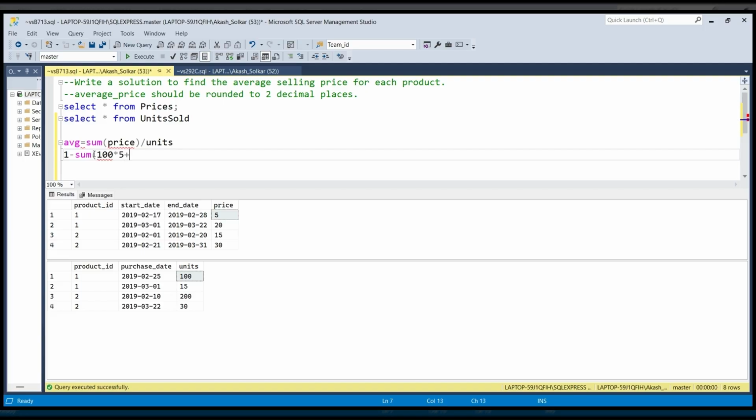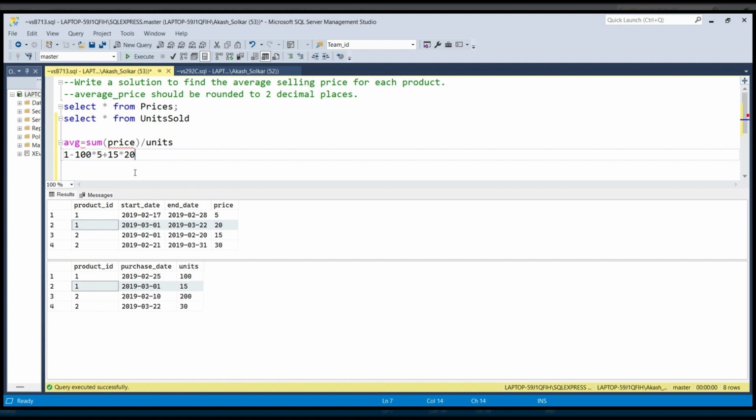And similarly, if you see, 15 products sold when the price was 20 rupees, because the purchase date comes between the start date and the end date. So 15 products sold when the price was 20.